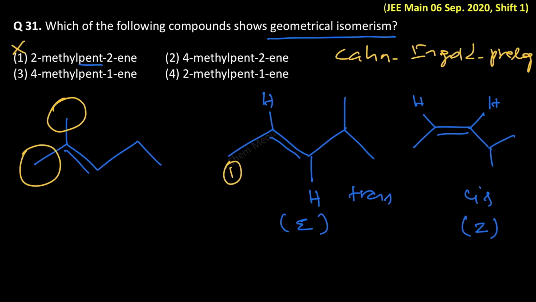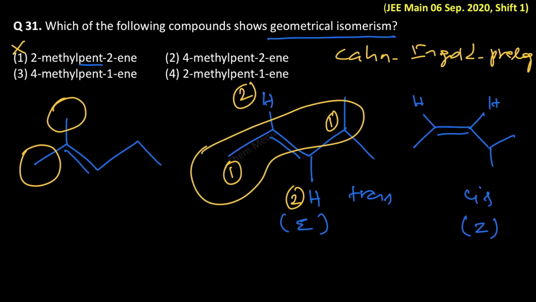So this is 1, this is 2, and on this side of the double bond this is 2, this is 1. Therefore priorities are on the opposite side, therefore E, but here priorities are on the same side, therefore that is Z. Therefore option 2 should be correct.